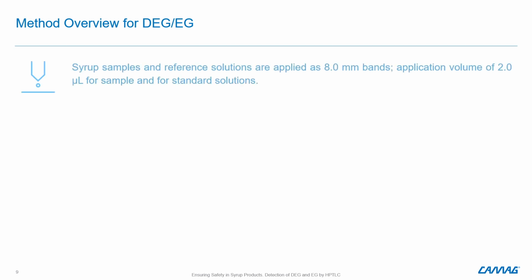Now let's move on to the application and development process. Both the syrup samples and reference solutions are applied as 8.0 mm bands with an application volume of 2.0 microliters for both the samples and the standards.